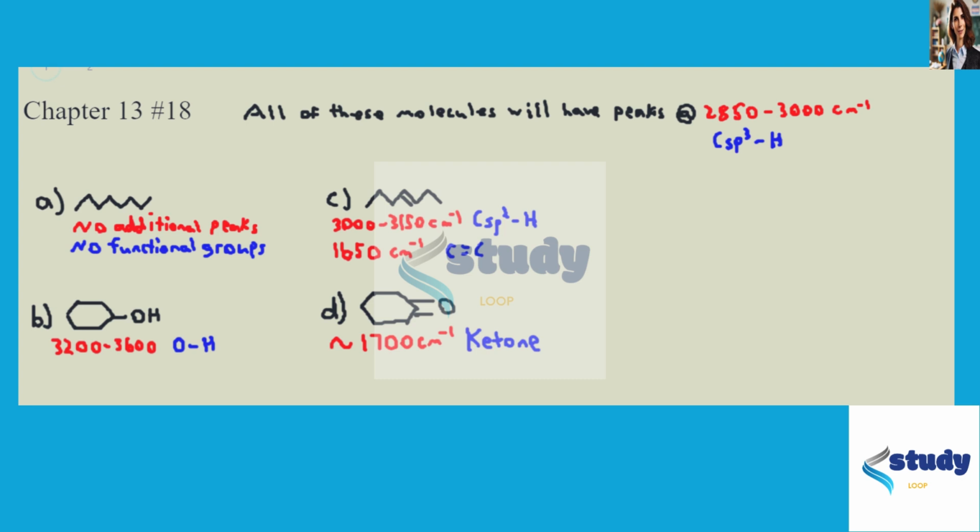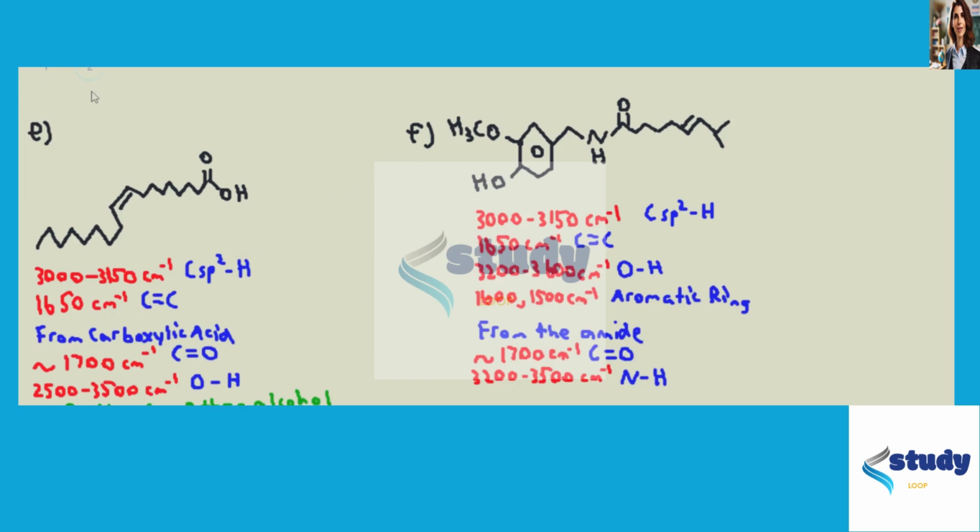So moving on to D, the functional group in D is a ketone, and we know ketones show somewhere in the vicinity of 1700 wave number, and so that's the answer to D. And then moving on to E, E is a little bit more complex of a molecule, and there are two functional groups in E. There's a carboxylic acid and there's an alkene.